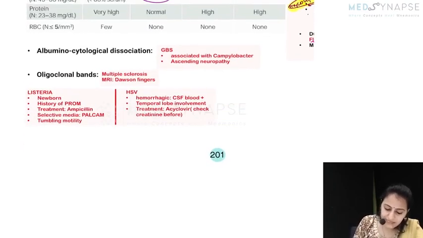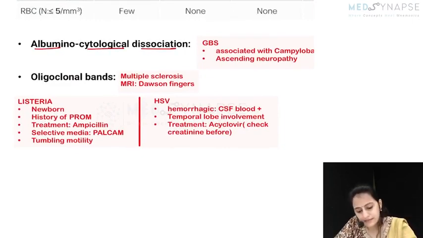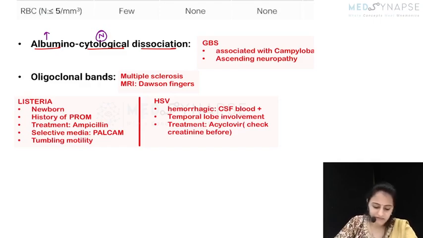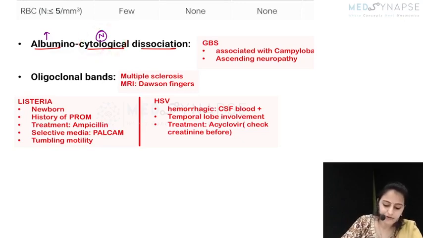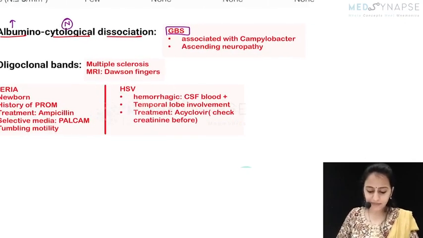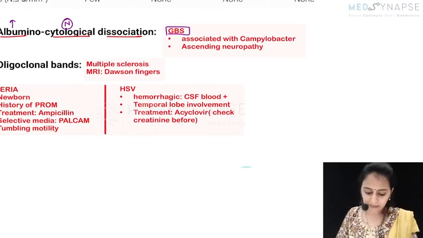If it is albuminocytological dissociation, what do we mean by that? Albumin increased, but the cells are normal, right? Whenever the proteins are increased, I think of infection, I think of increased cells. But if I find that the cells are normal, then it is GBS, Guillain-Barré syndrome, because it's not primarily an infection, it's an immunologic thing happening.